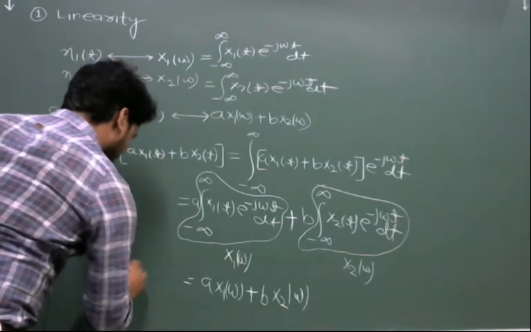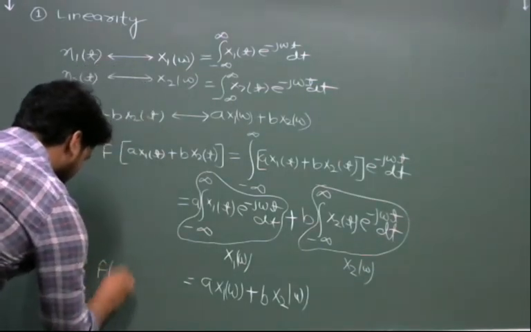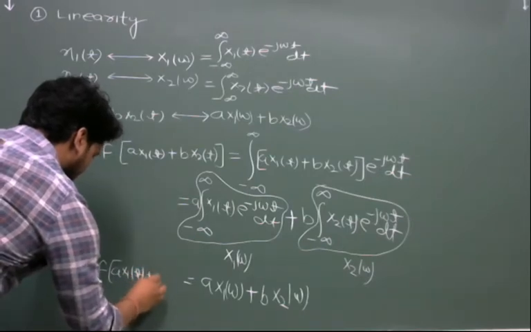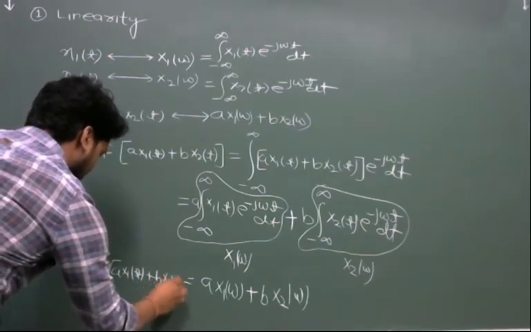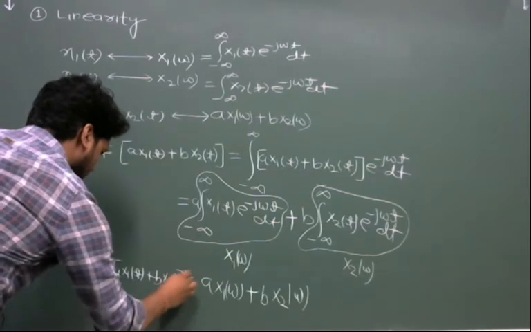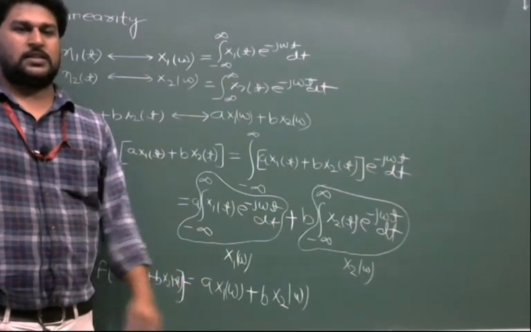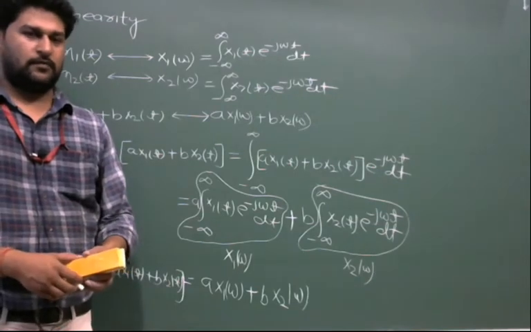This is what the linearity property says. Fourier transform of a x1(t) plus b x2(t) will be equal to a X1(omega) plus b X2(omega). This is the linearity property of the Fourier transform.